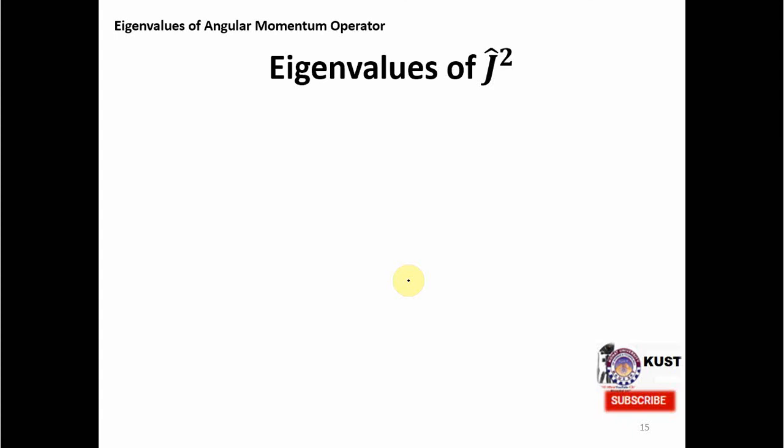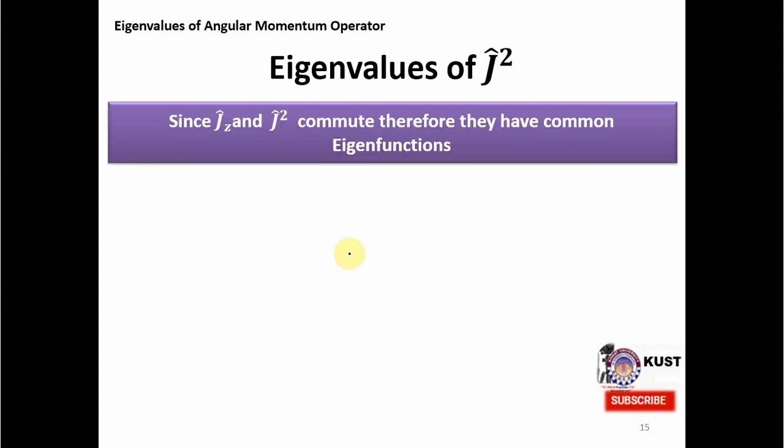We don't have to derive them again, but we have to prove that they are true for the j square. Since jz and j square commute, they have common eigenfunctions. So let's say that j square acting on phi m has the eigenvalue h bar k square phi m, where k is a wave vector.